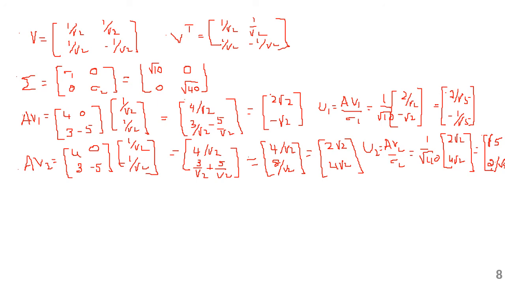Let me write it once again. This is 2 root 2 divided by 2 root 10, and this is 4 root 2 divided by 2 root 10. So 2 gets cancelled out, root 2, that is 1 divided by root 5 in this case, and 2 divided by root 5.